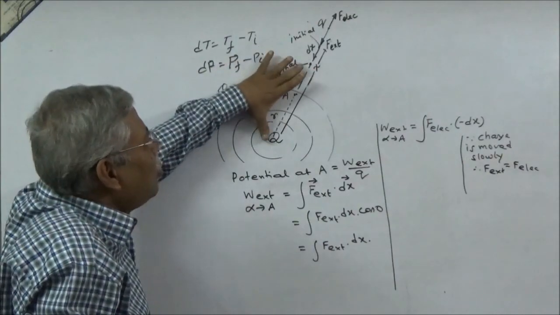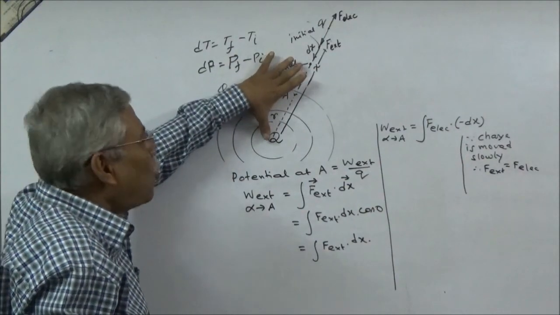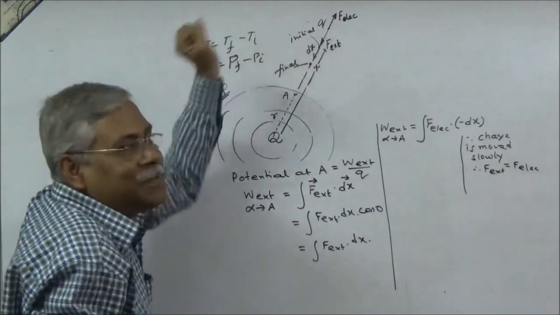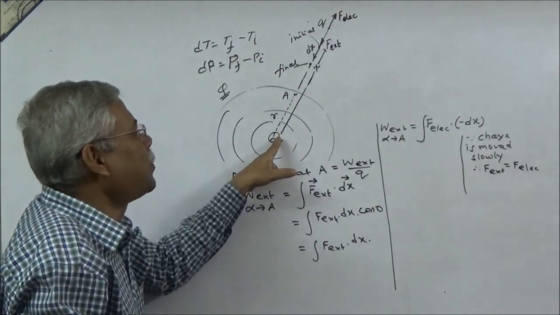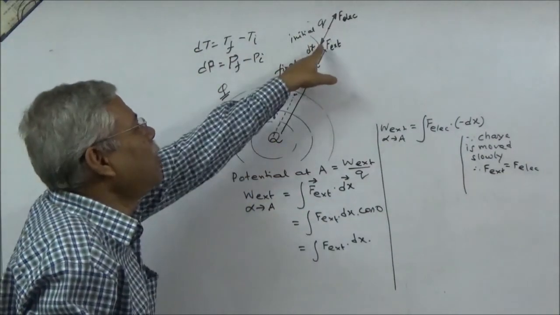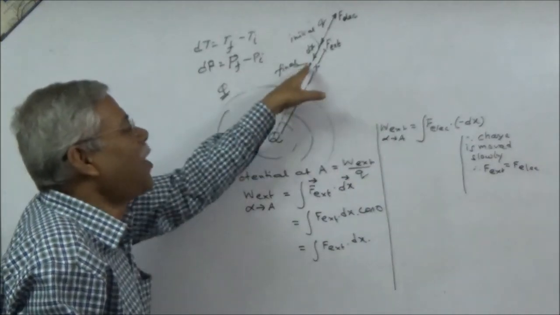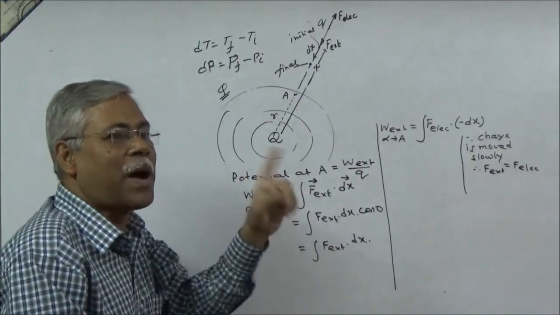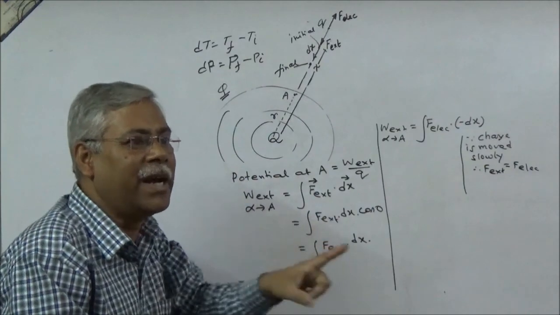So is the final value of x greater or is the initial value of x greater? We are measuring x from the center. Initial value of x is greater, final value of x is less. That means final minus initial is negative.